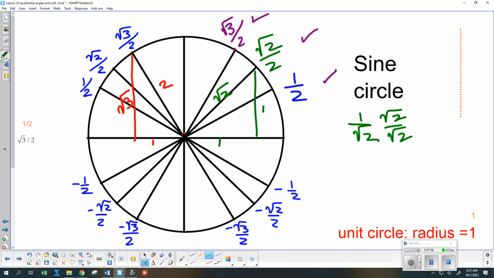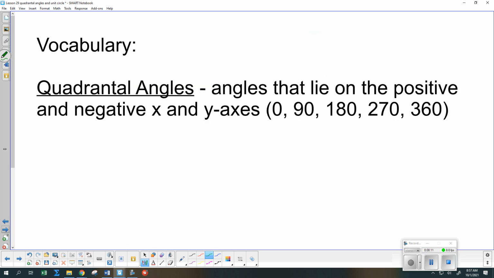Okay, to get us started thinking about those missing ones, the ones that are missing on the axes, because I can't draw a right triangle with that as one of the sides. So those missing angles are what we call quadrantal. It just means the ones that are on the axes, these 0, 90, 180, 270, 360, 450, negative 90, negative 180.